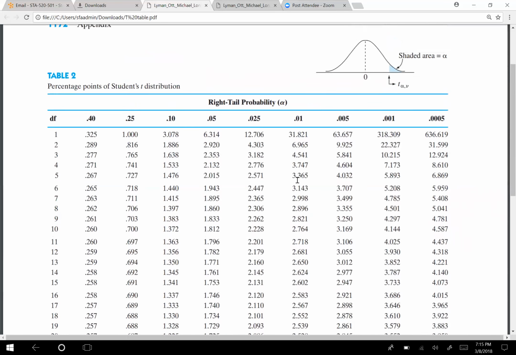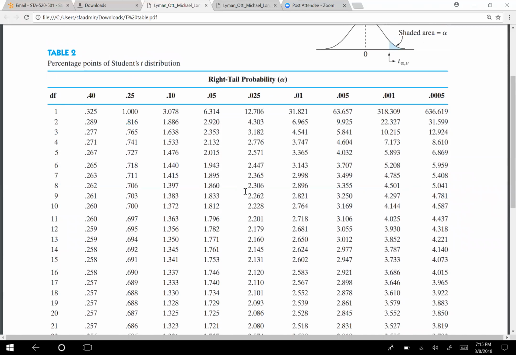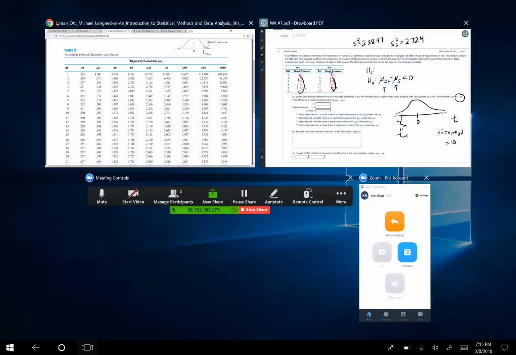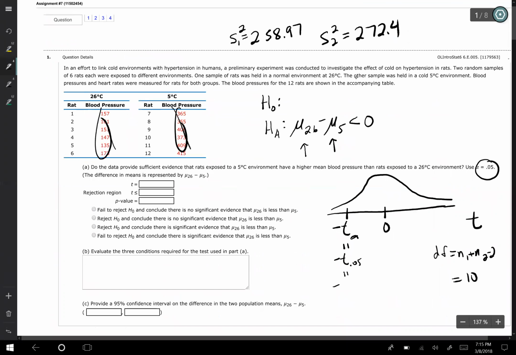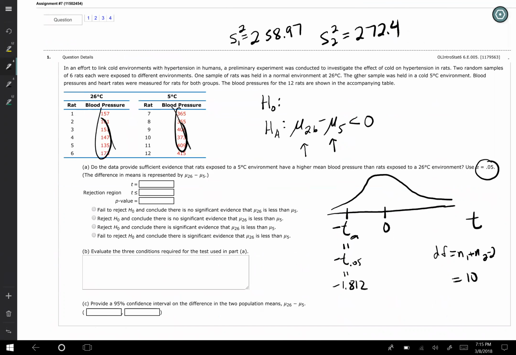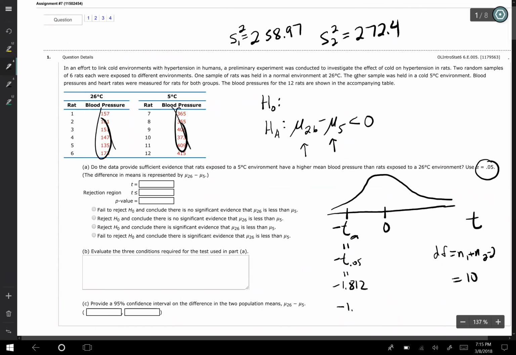Now that's actually the upper tail percentile, so we want the lower tail, so it's negative 1.812. Oh, because it's a left-tailed test. Yes. Oh, and I just realized my mistake was I was looking at the wrong chart. Yes, that'll be a problem. And what was the z value? You got negative 1.645.